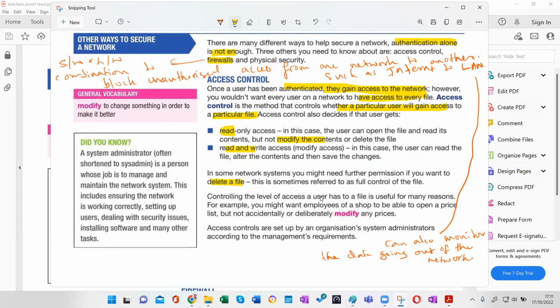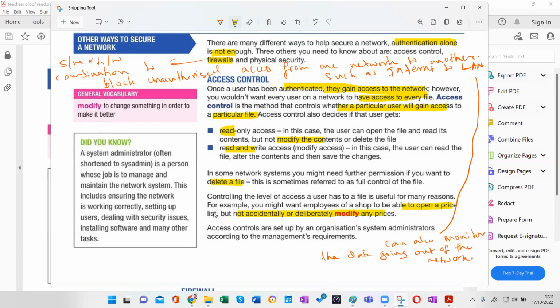Controlling the level of access a user has to a file is useful for many reasons. For example, you might want employees of a shop to be able to open a price list, but not accidentally or deliberately modify any prices. So certain information is there that you want to show to others, but you don't want to take any risk of accidentally modifying it.